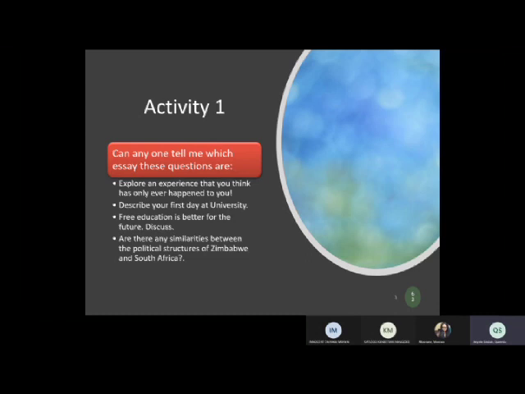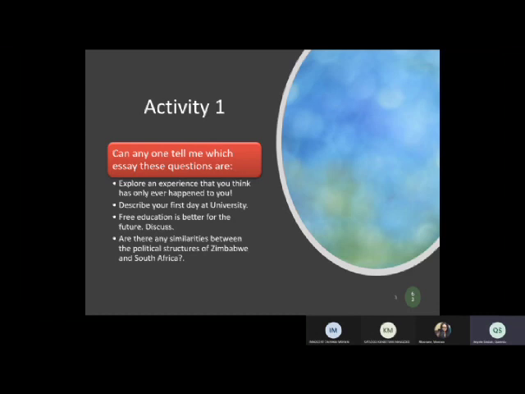So there you have to decide if free education is better for the future or it's not. The question was asked like this, but most discussed questions need you to provide the for and the against. So do you think free education is actually better for the future, or do you think it will not be better? So there you have to present an argument, you refute it, and then you support it, right? So that would be an argumentative essay.